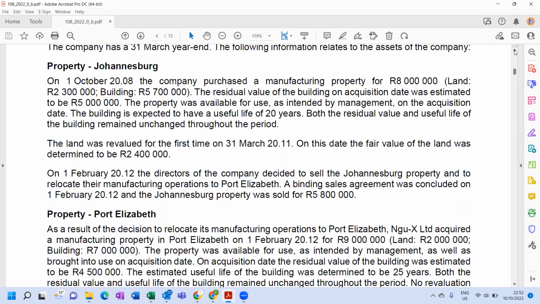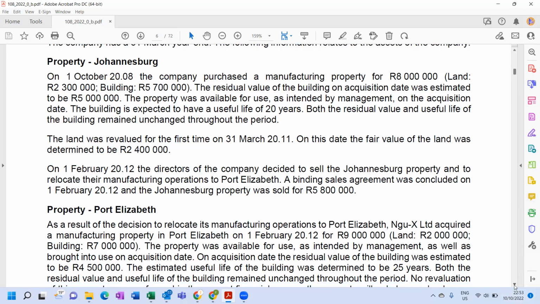But because I only want the balance at 31 March 2012, I only do the deferred tax calculation at 31 March 2012. So I ask myself, is there a property at 31 March 2012 for Johannesburg from an accounting perspective and from a tax perspective? From an accounting perspective, we disposed of it, it is no longer there. From a tax perspective, we also disposed of it, so it's no longer there. So I won't have that.